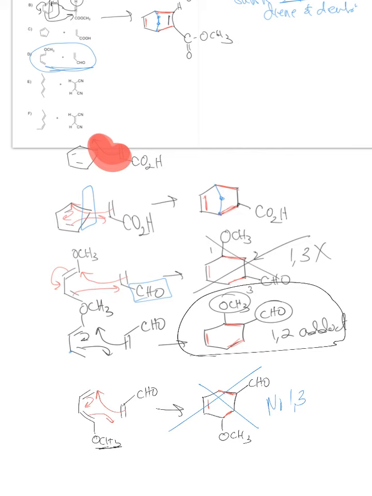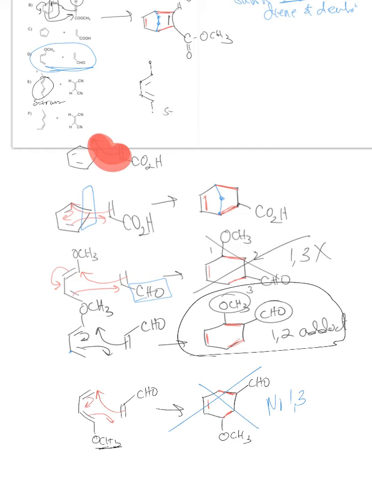Okay, let's go back up here and do E. This one is an S trans, but at room temperature, it can get in the S cis. So 1, 2, 3, 4, 5, 6. So we can get that in there. And let's count 1, 2, 3, 4, 5, 6.